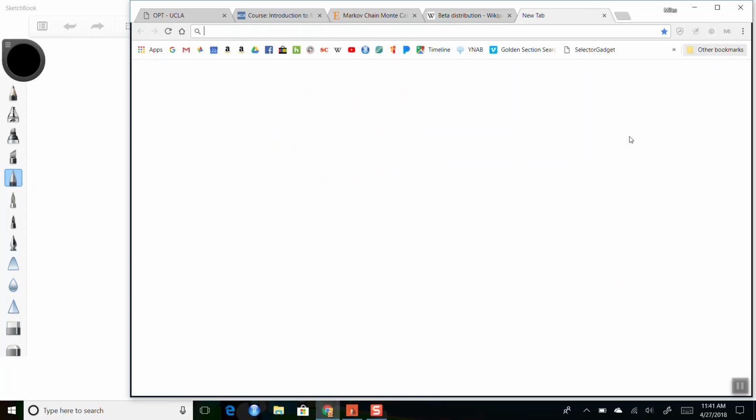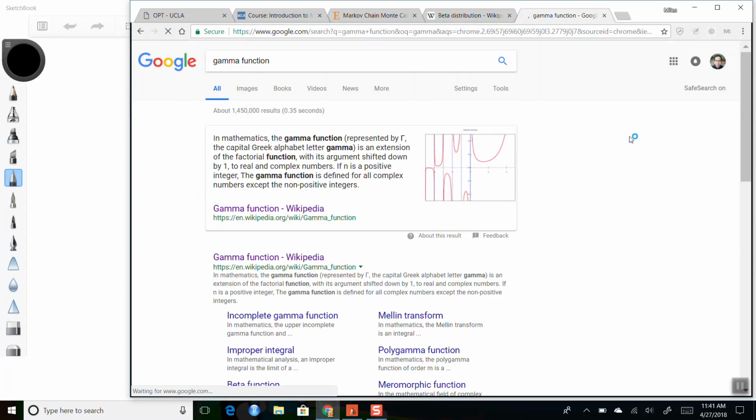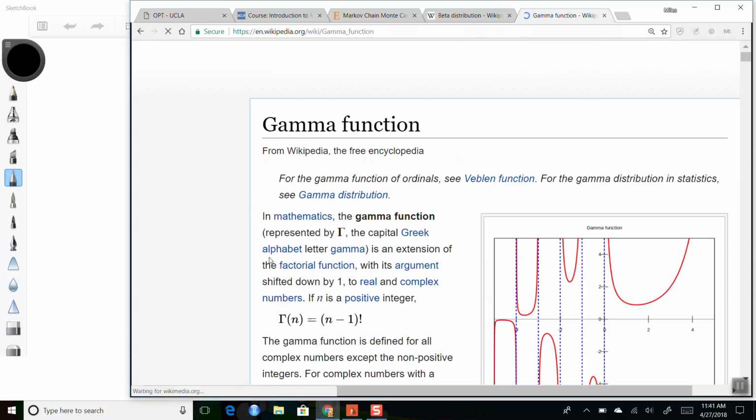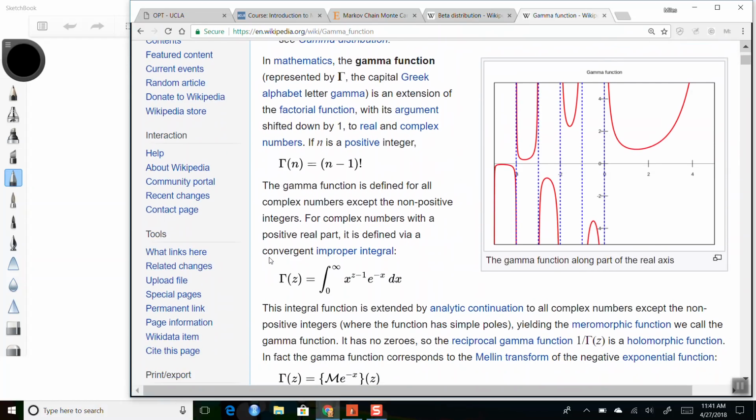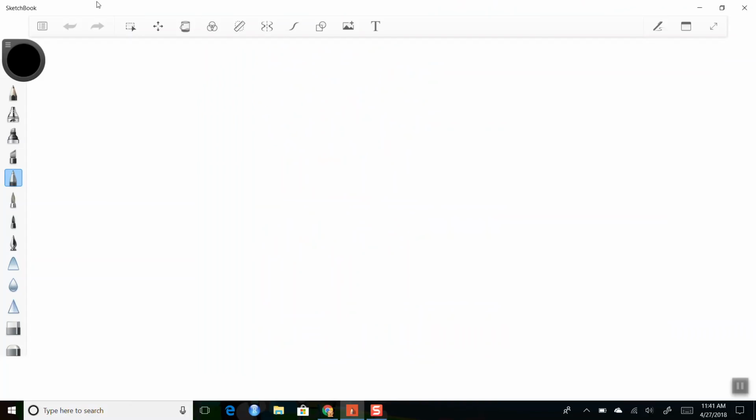And then we look up, well, what is this gamma function? And the gamma function is this terrifying thing of the integral from 0 to infinity of x to the z minus 1 times e to the negative x dx, and it feels scary, but I assure you it's not.